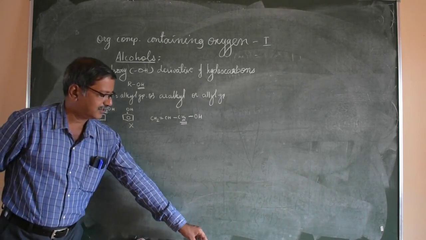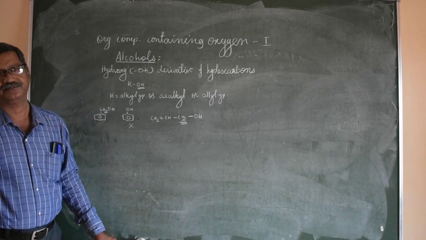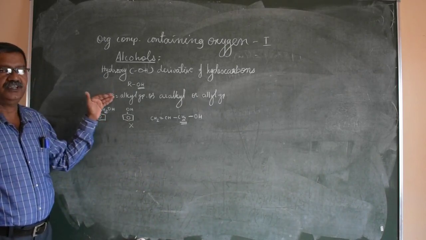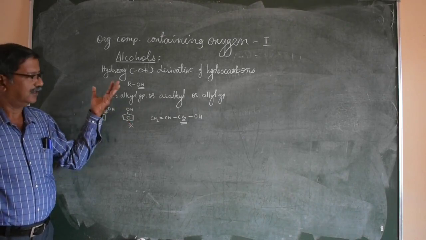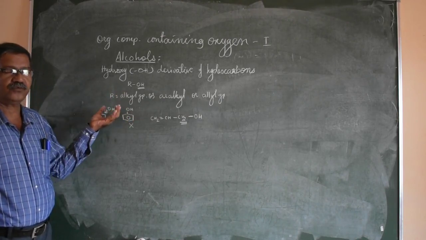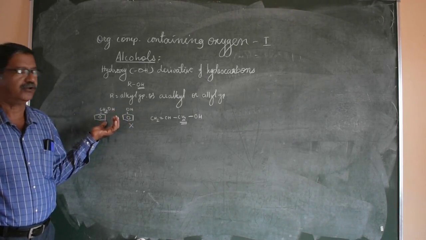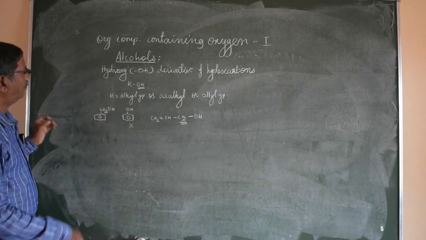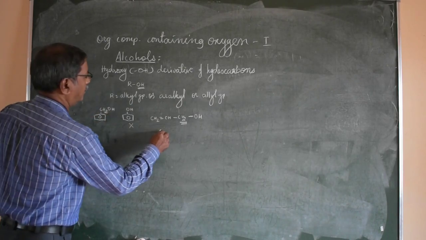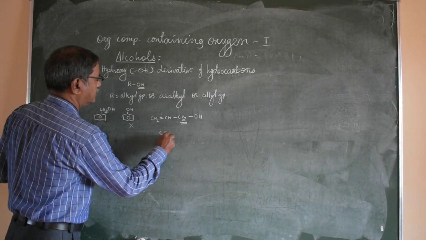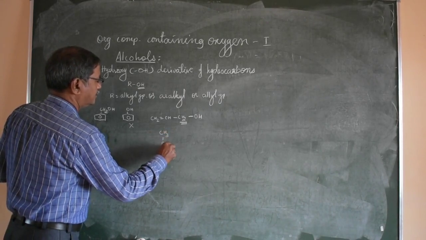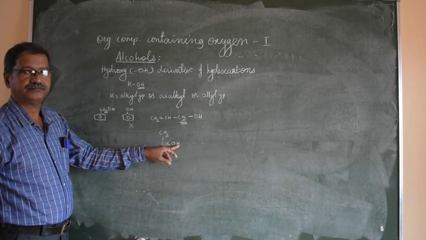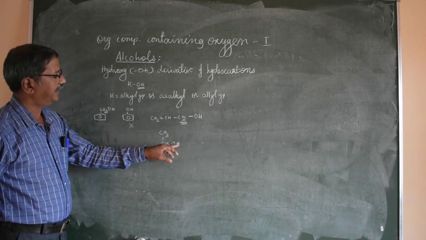Now, the classification of alcohols. We can classify alcohols into different categories based on the number of OH groups present in a molecule of alcohol. Suppose you have only one OH group, for example CH3CH2OH, it is called monohydric alcohol.